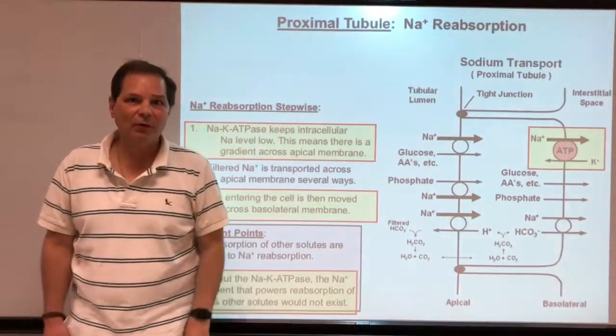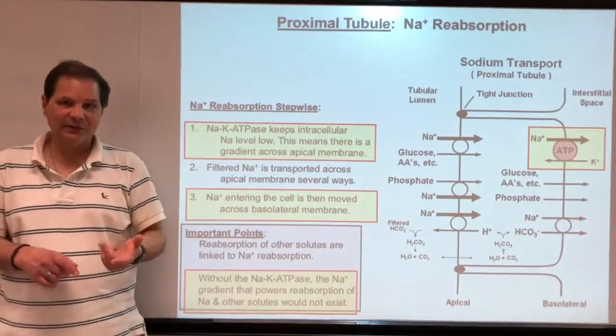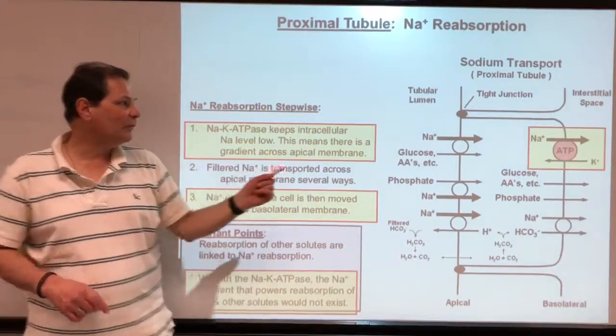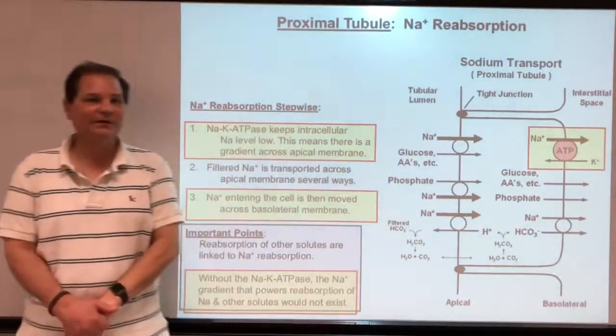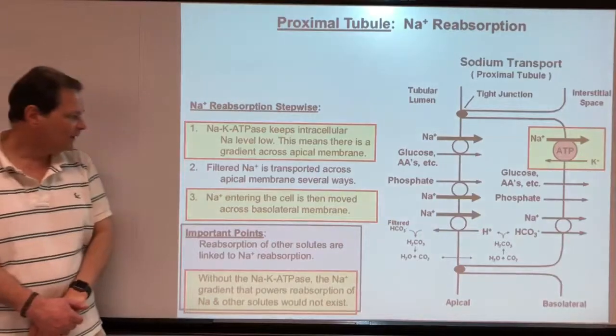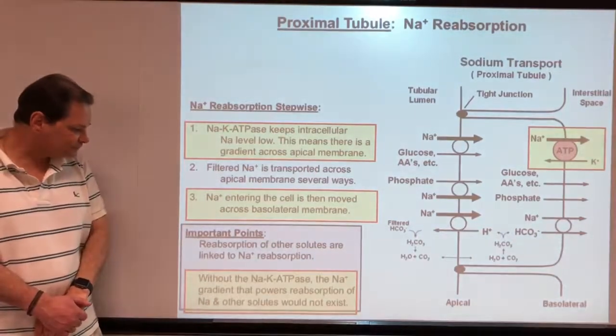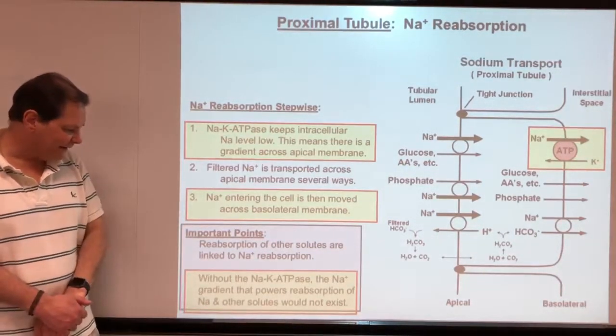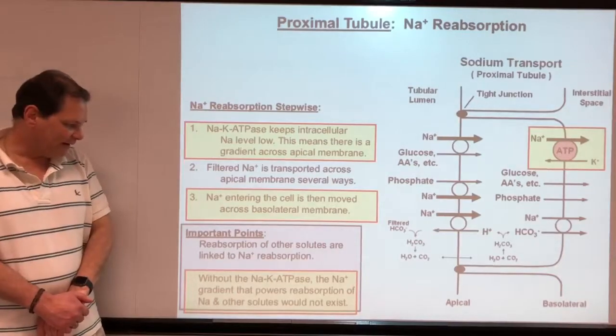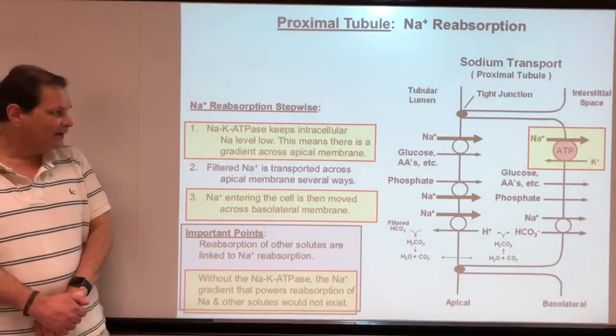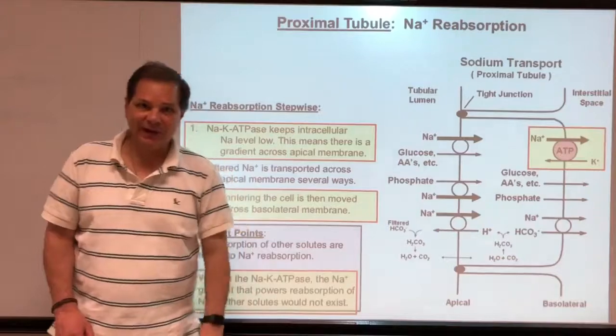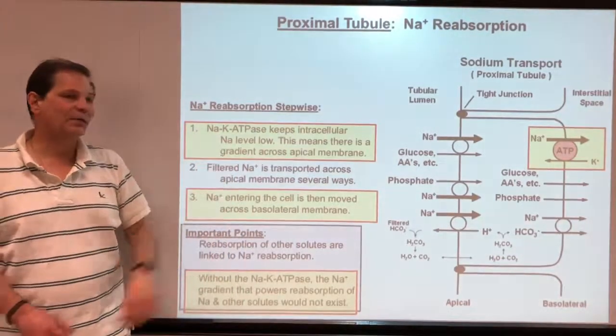So it plays a dual role here. It's transporting the sodium out, and also maintaining the gradient for the apical membrane. Without the sodium ATPase, the sodium gradient goes away, and this transport does not happen. So this is all powered by that pump.